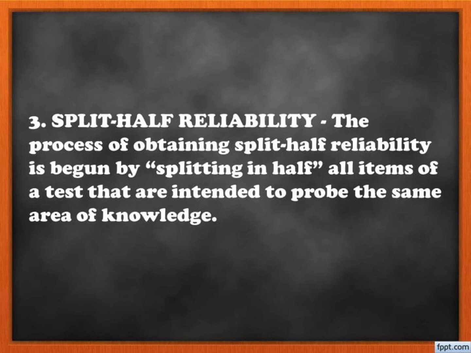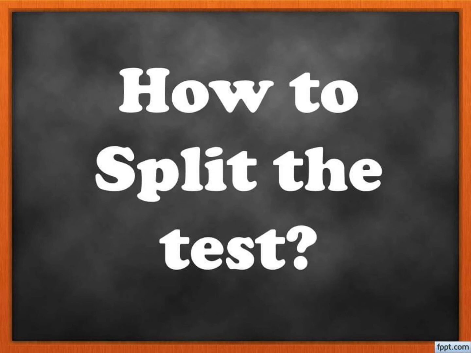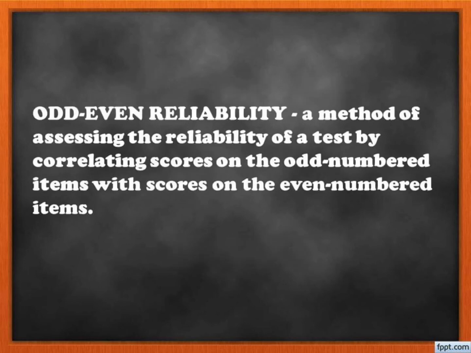This is basically splitting a test into two tapos ipapa-administer ito sa isang sample ng test taker. If correlated ang scores ng dalawang test, pwede nating sabihin na reliable ang test. How to split the test? We can use the odd-even reliability. Sa method na to, hinahati ang test ayon sa assigned number sa mga test items.